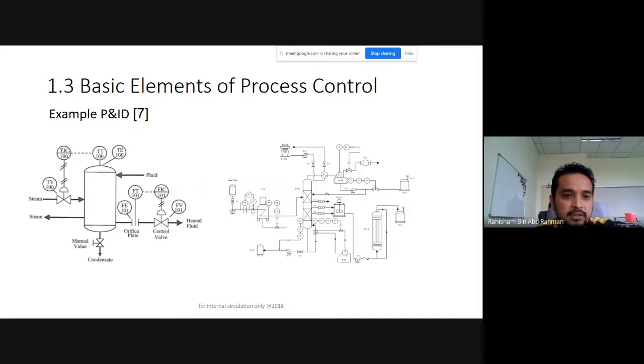Okay, more examples: TIC, TT, what is TT? What is TE? What is FT? What is FIC?